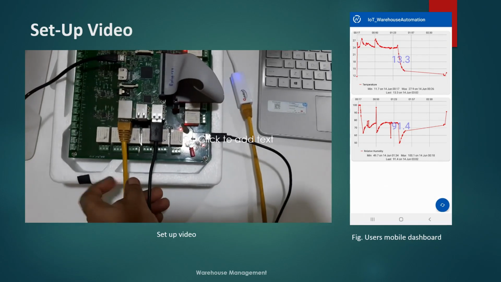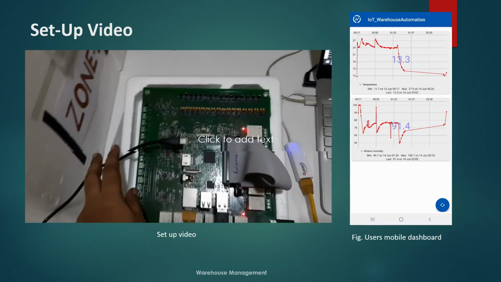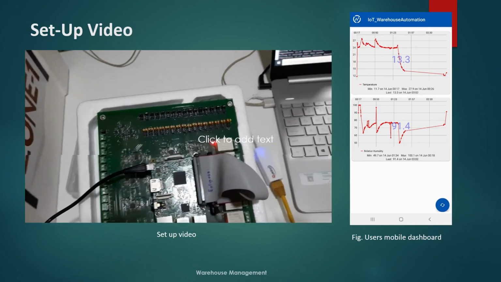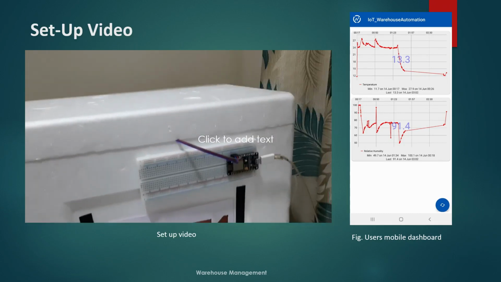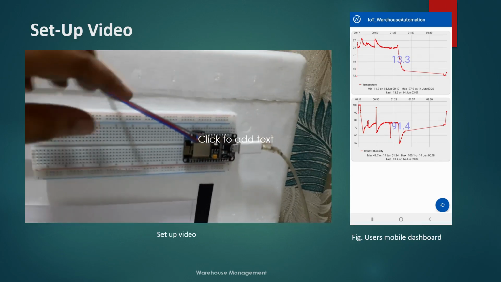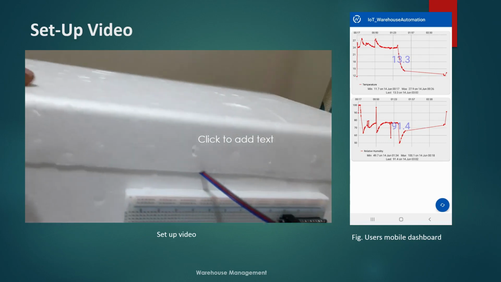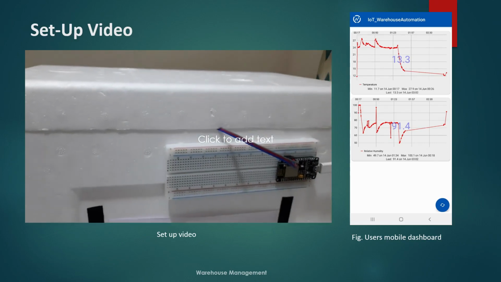Students are checking everything, if everything is in order, and what you see on the right side is the live data of this particular zone. The node MCU for this demo is placed outside, because it has not been protected against the harsh environment inside.